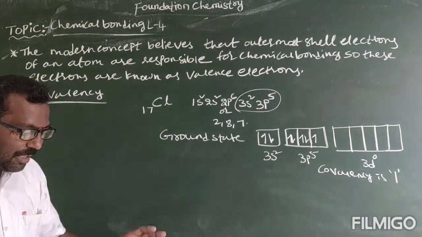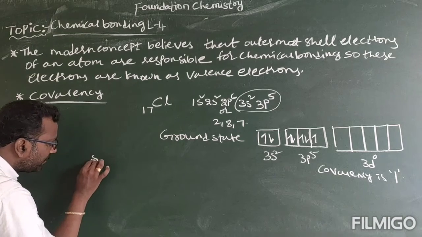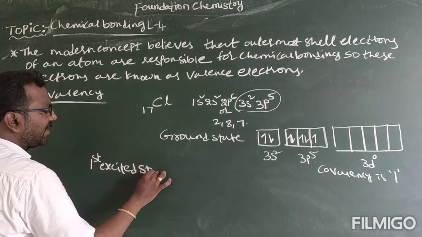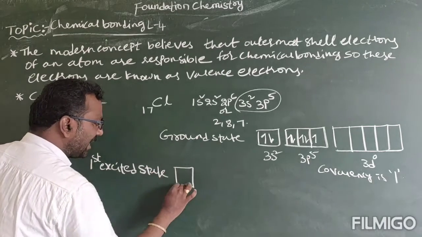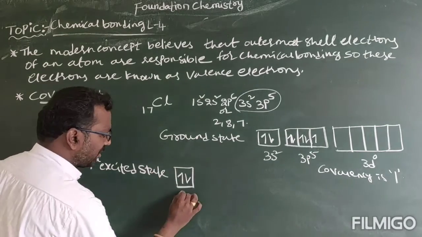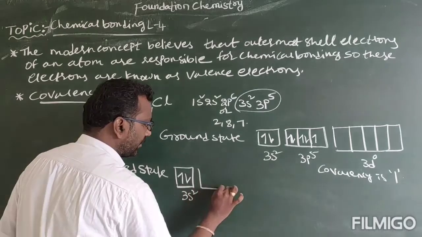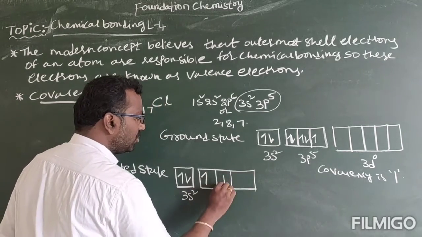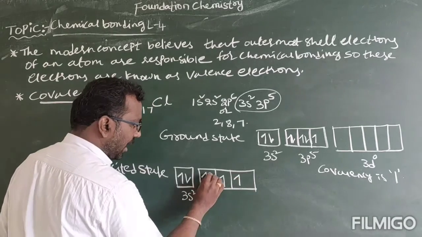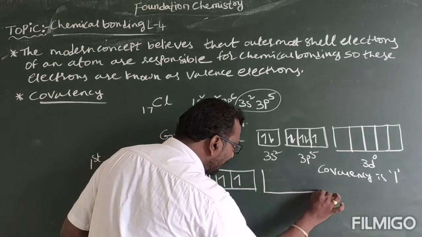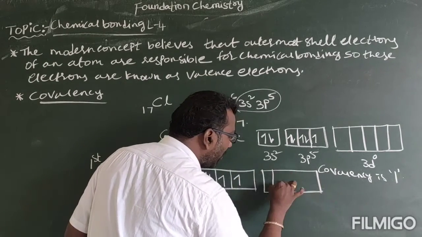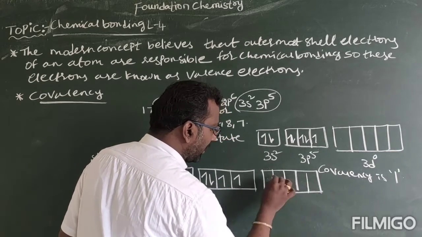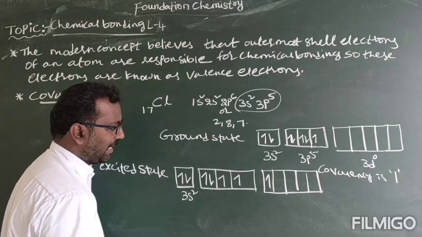Now you take the first excited state. So in the first excited state, let us consider this is the 3s2, then 3p with 1, 2, 3, and 4. Now the d orbital, 1, 2, 3, 4, 5, is occupied with one more electron.